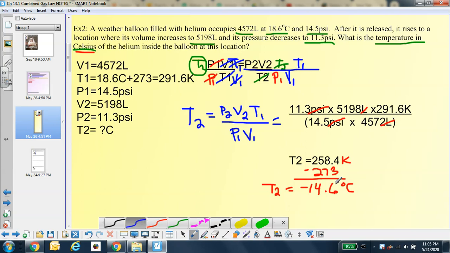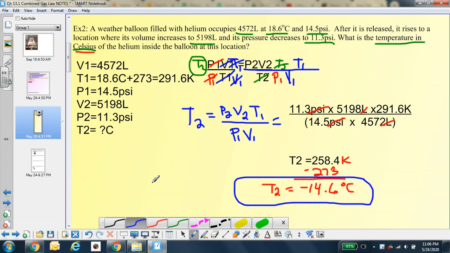So that is my answer that I am after. Right there. So that is a cold temperature way up there in the atmosphere as this weather balloon has gone up, increased in volume, decreased in pressure and temperature.